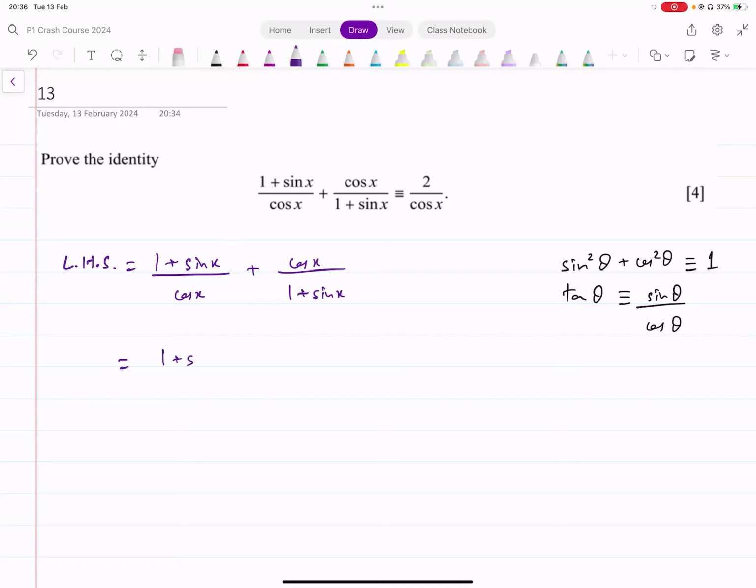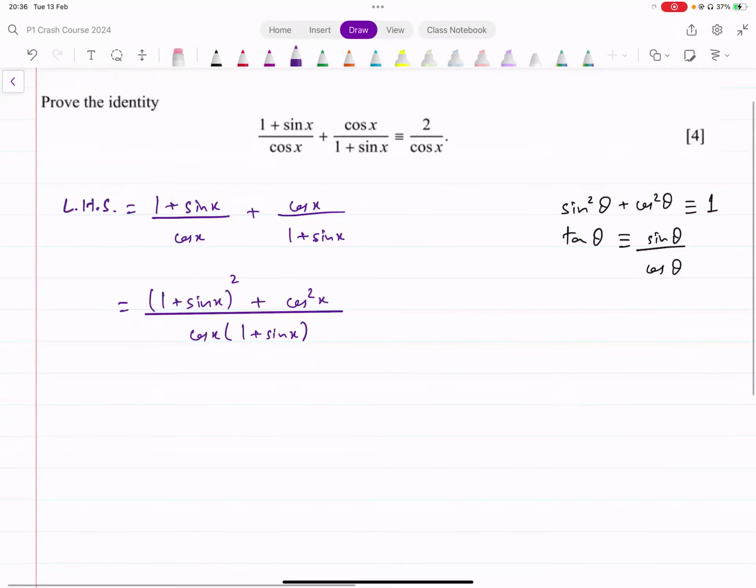And that gives us 1 plus sine x into 1 plus sine x. We can write that as 1 plus sine x whole squared. And then cos x into cos x, that gives us cos squared x. And in the denominator, we have the LCM. We just multiply these denominators. That's cos of x multiplied by 1 plus sine x. All right, that's what we get in the denominator.